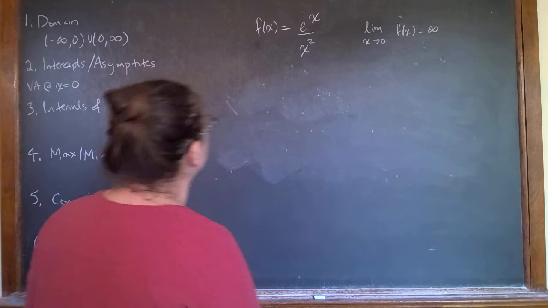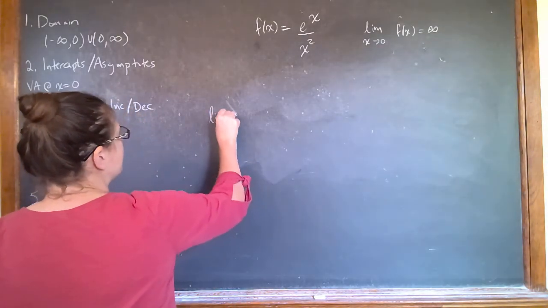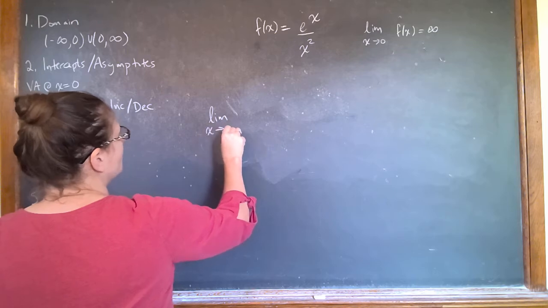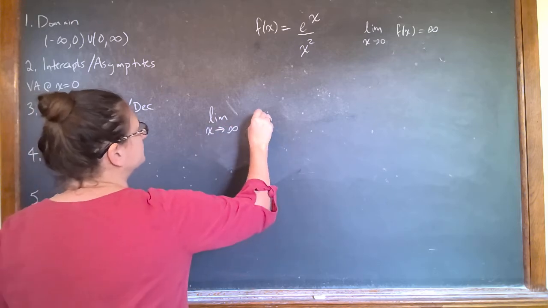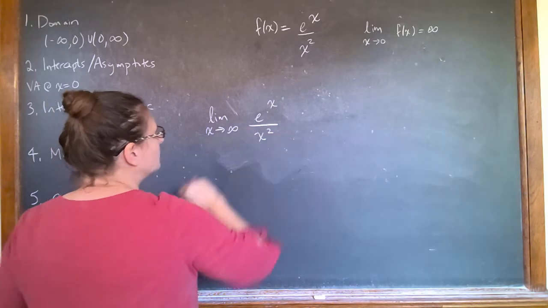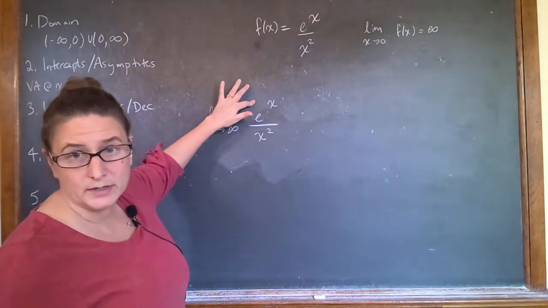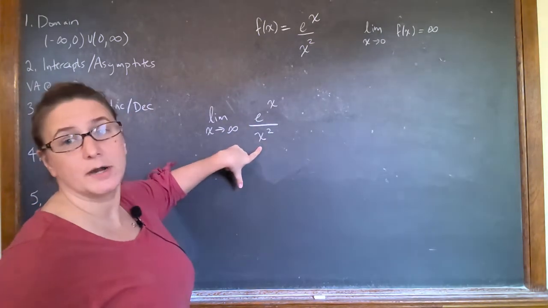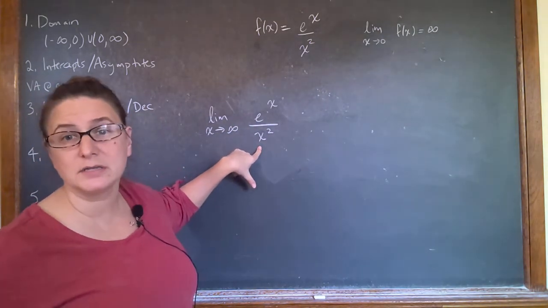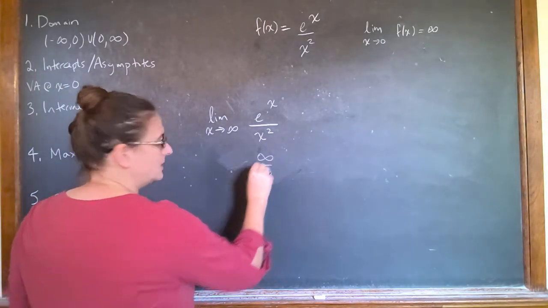So let's see. If I do the limit as x goes to infinity of e to the x over x squared, this is a situation where e to the x is going to infinity, and x squared is also going to infinity. So this is a classic L'Hopital's rule issue because I've got infinity over infinity going on here.